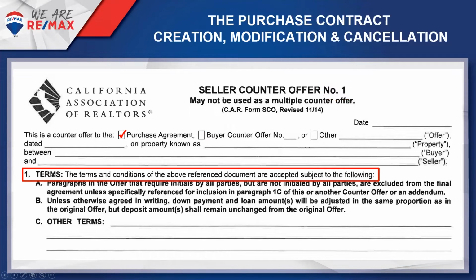Okay. Now, the terms and conditions of the above referenced document are accepted subject to the following. That's the very first statement on this. This is a critically important statement, especially if you don't understand it.